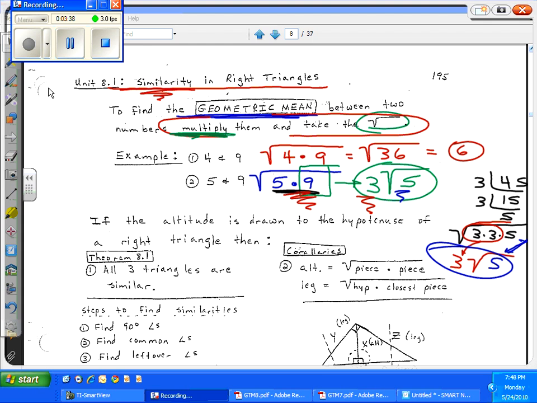So to find the geometric mean between two numbers, you can say first number over x equals x over second number and cross multiply, or you can just get right to it, multiply and take the square root.